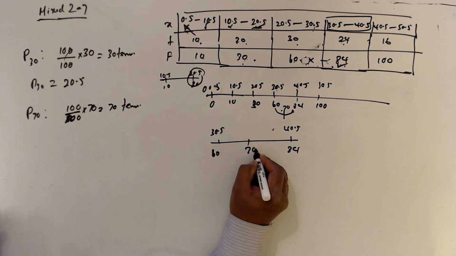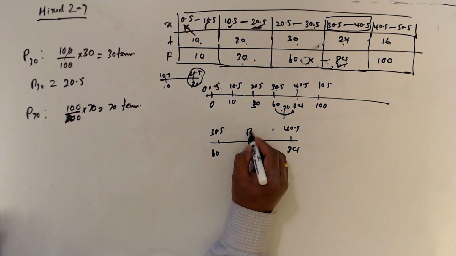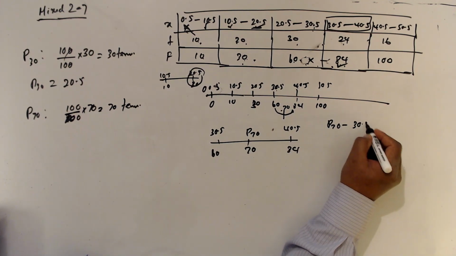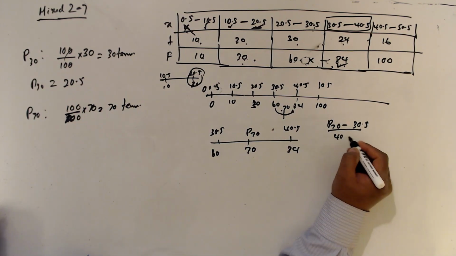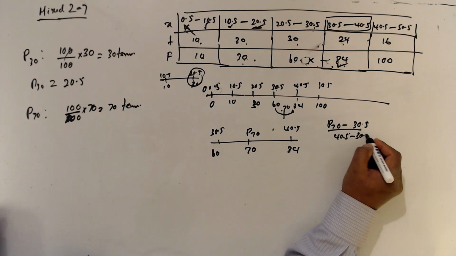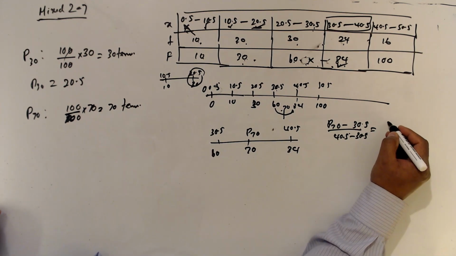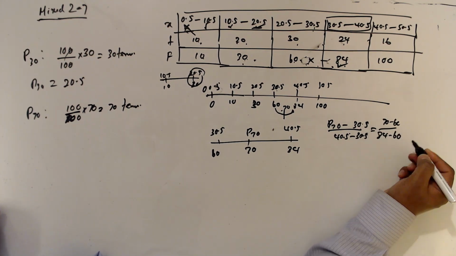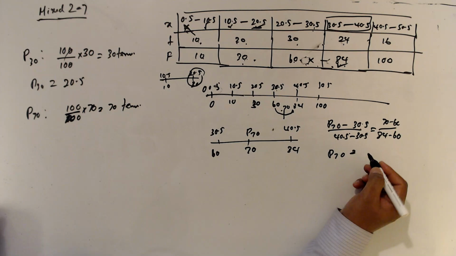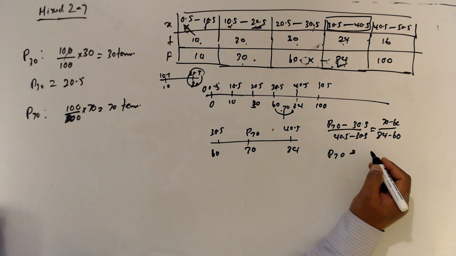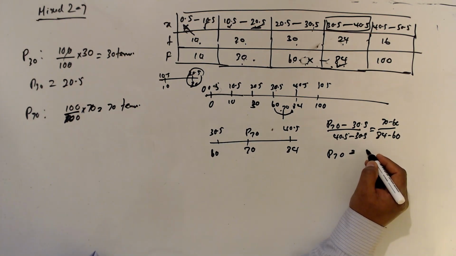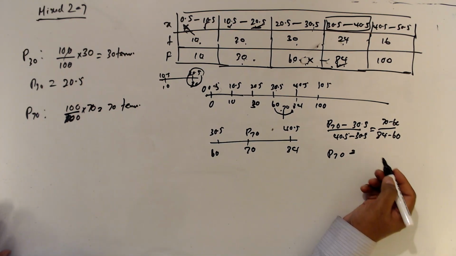So when you look at the boundary, 30.5 to 40.5, this is 60 and this is 84. We need 70. So this is going to be P70. P70 minus 30.5 over 40.5 minus 30.5 equal 70 minus 60 over 84 minus 60. I'll calculate this one.